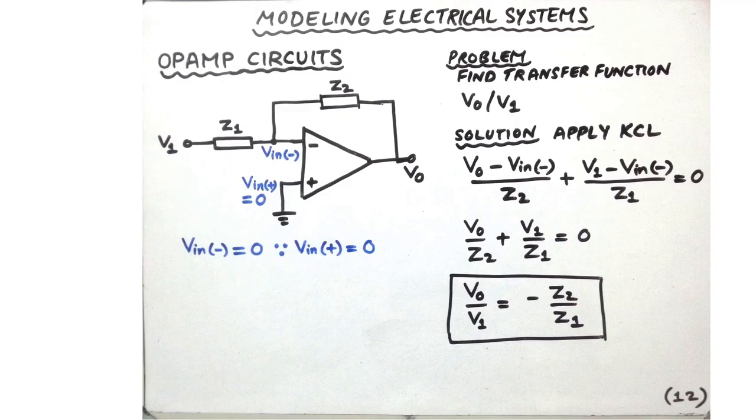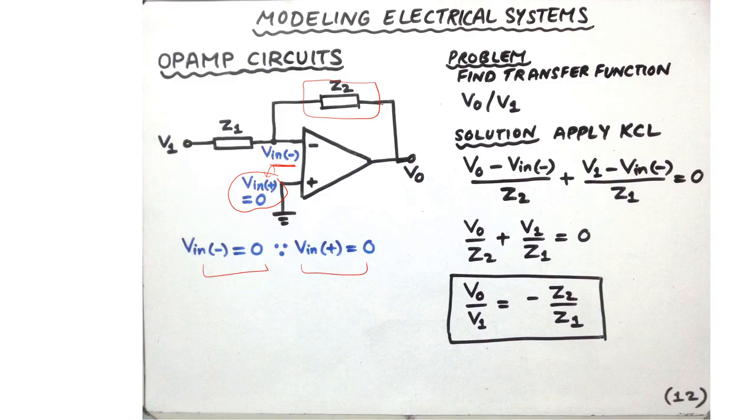Let's take a look at a quick example of a simple op-amp circuit in which the positive terminal has been grounded. So Vin plus is zero. And then we have a negative feedback as expected. So as a consequence, the voltage at the negative terminal is the same as the voltage at the positive terminal. So Vin negative is zero, because Vin positive is grounded.